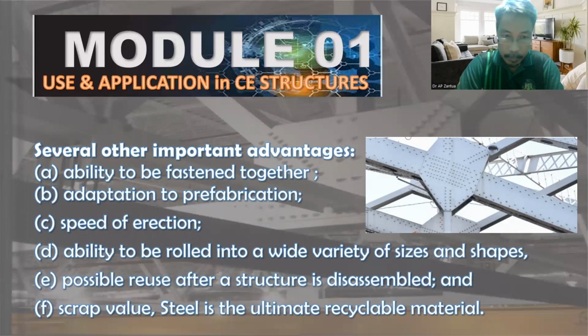Okay. Adaptation to prefabrication. It's too easy. We can design, cut, weld, bolt it on the manufacturing floor, then just deliver on site. So prefab is easier. We can do it on other material, but it is easier because of the precision and tolerance that is already learned from the past.